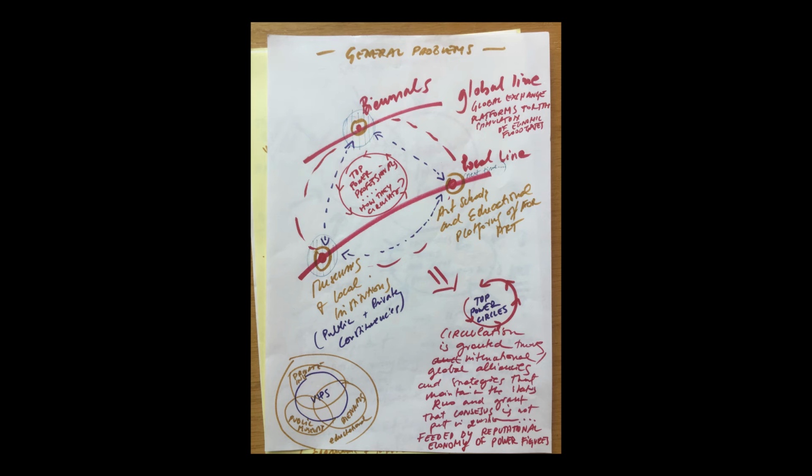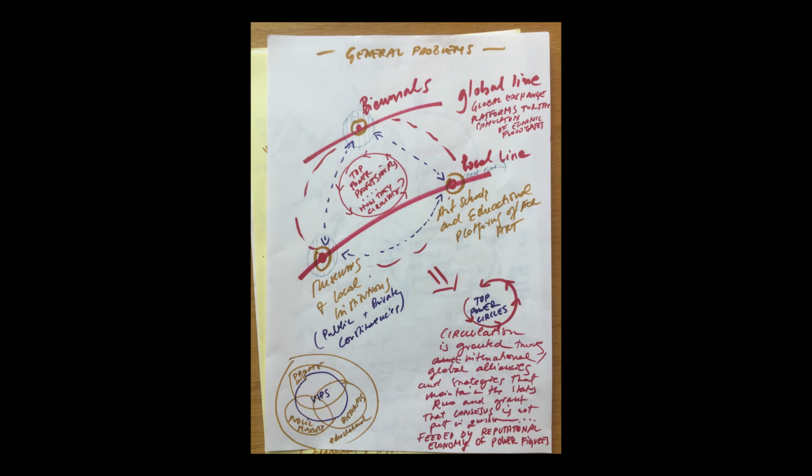One would be biennials, which means exhibitions that occur every couple of years, biennials and triennials, and would be projections of art on a global line, on an international scale, but they would be basically used as platforms that can somehow facilitate the floodgates, economical and financial floodgates.